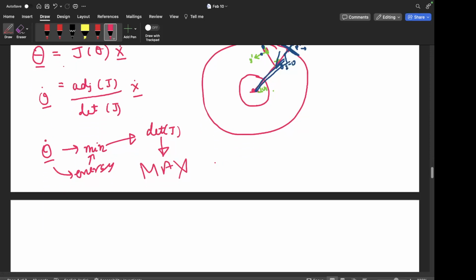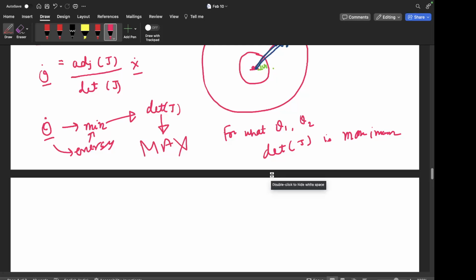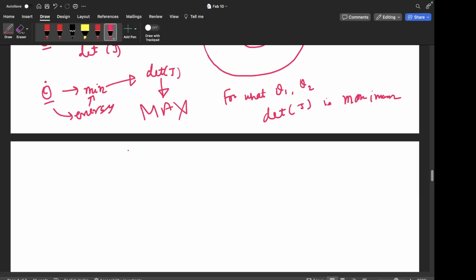So the next thing you have to find is for what theta 1, theta 2, or what configuration det J is maximum, because that is the most energy efficient configuration of the manipulator. It is the configuration in which, in order to move, it takes the least amount of energy.